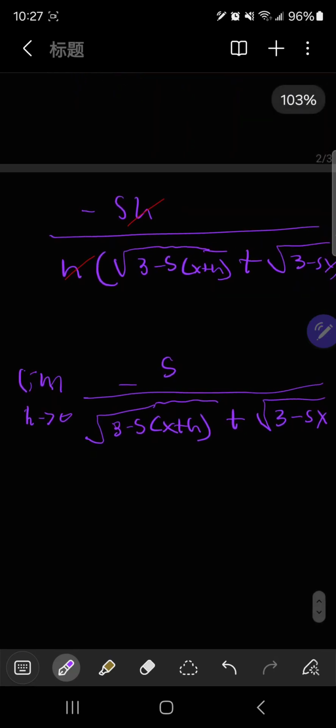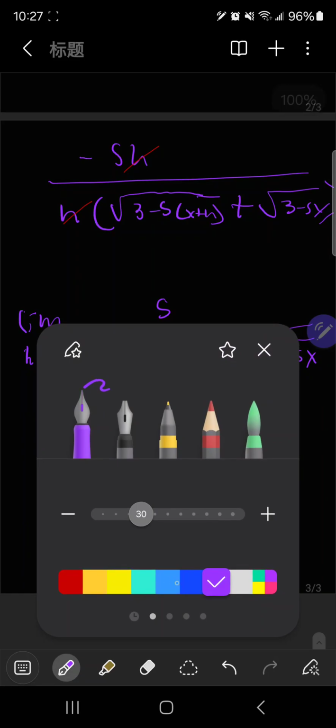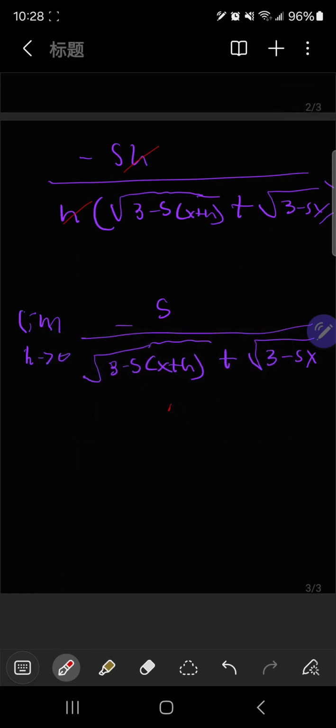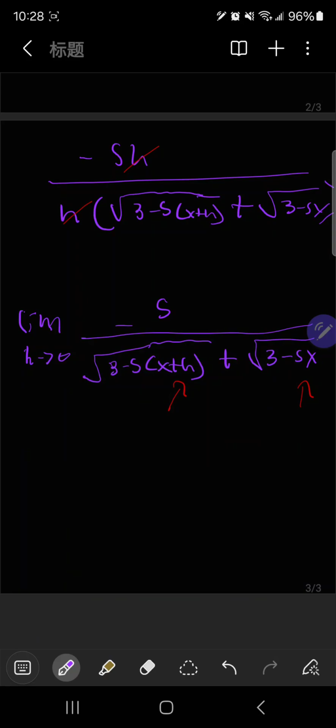Okay, what do I notice here, guys? We could just plug in. See, we had the limit of h approaching 0. Well, if we just plug in 0, look, for that and for this, what do we get? You see, now that's going to be a 0.